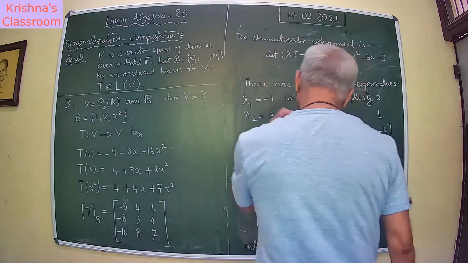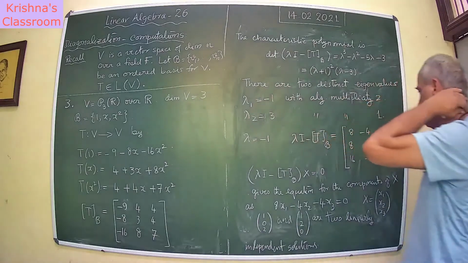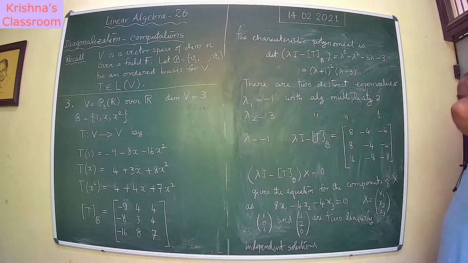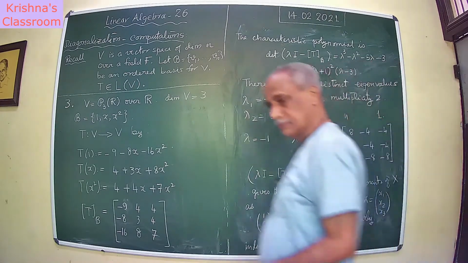Therefore, the eigenvalue lambda equal to minus 1 provides you with two linearly independent eigenvectors.